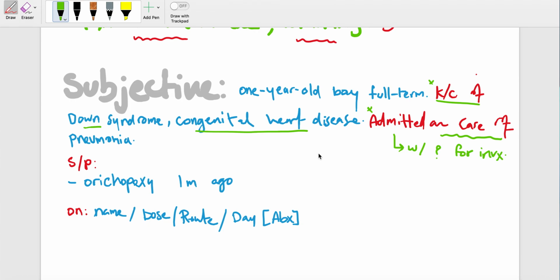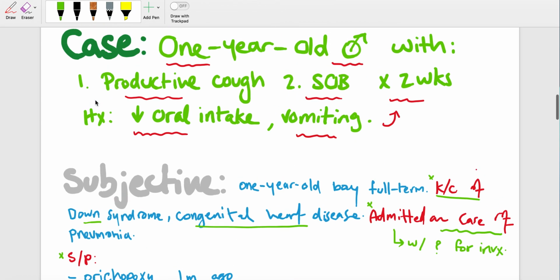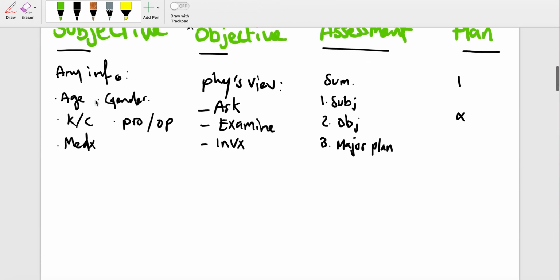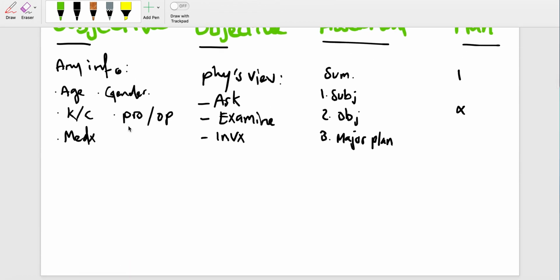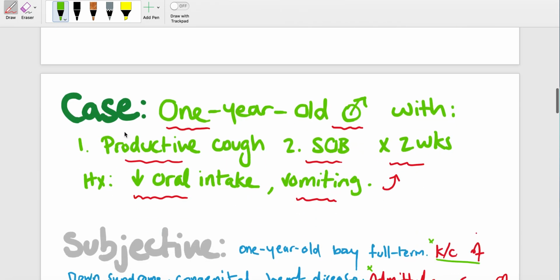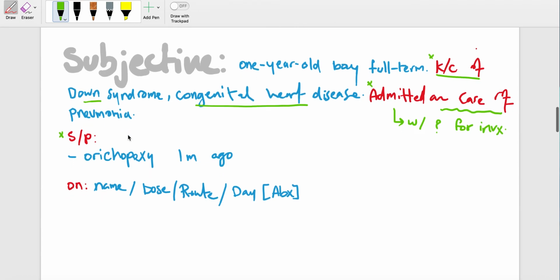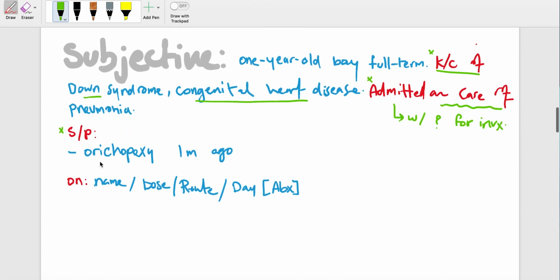Okay, the third word is status post. As we mentioned before, with status post we can write the procedures or operations that the patient went for. Here our patient went for uricopexy 1 month ago.